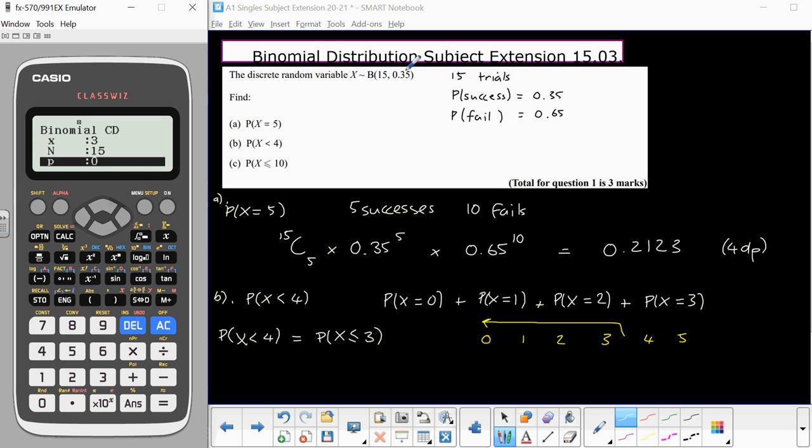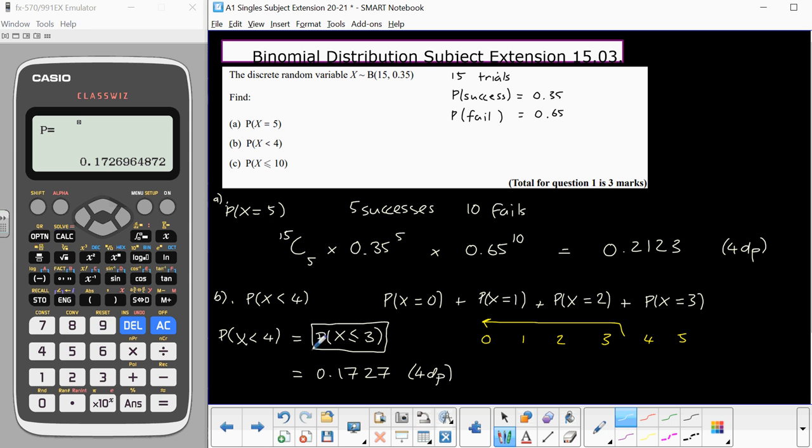And our p value, which is the probability here, which is 0.35. Pressing equals will lock those in. Pressing equals again will give you the probability. And again, 4 decimal places I'm using for my probabilities. So that's a quicker way than adding up all of these. But in order to use that quicker way, you must write your calculation as less than or equal to something.